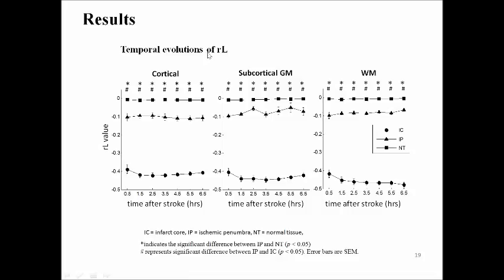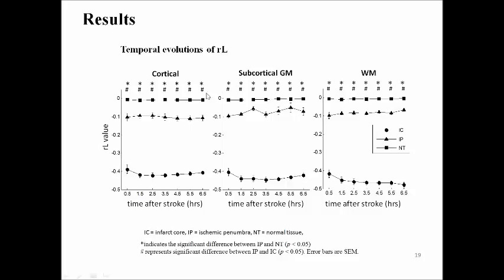The reduction of RL value in IP and IC was approximately 10% and 30% half an hour after MCAO, and the evolutions of RL value were stagnant and similar for all tissue subtypes.